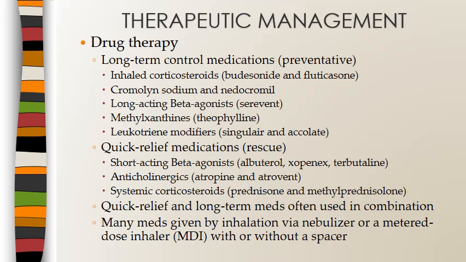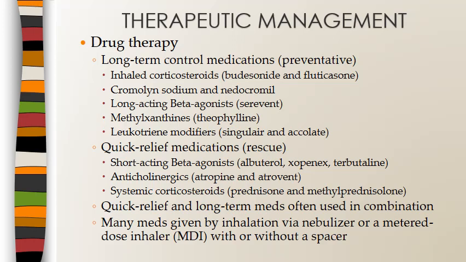So we have our long-term medications that are preventative, and our quick relief medications that we give for a rescue. Oftentimes, the quick relief medication and long-term medications are used in combination.